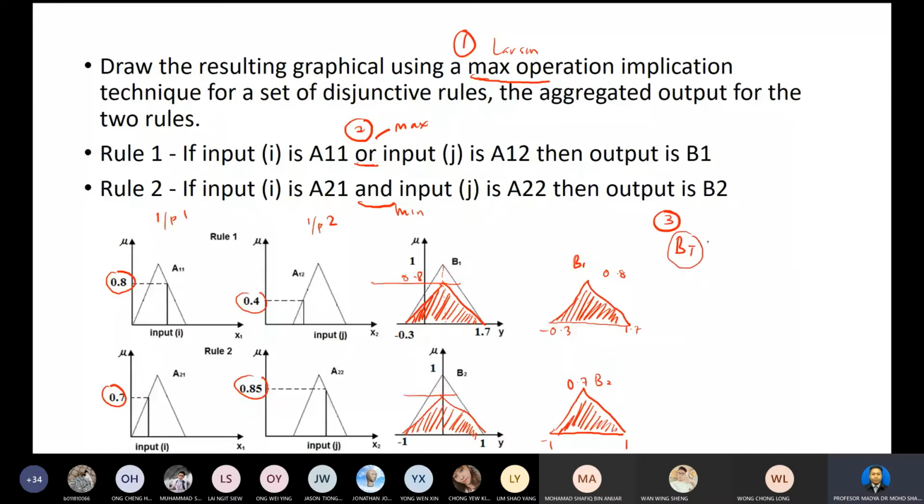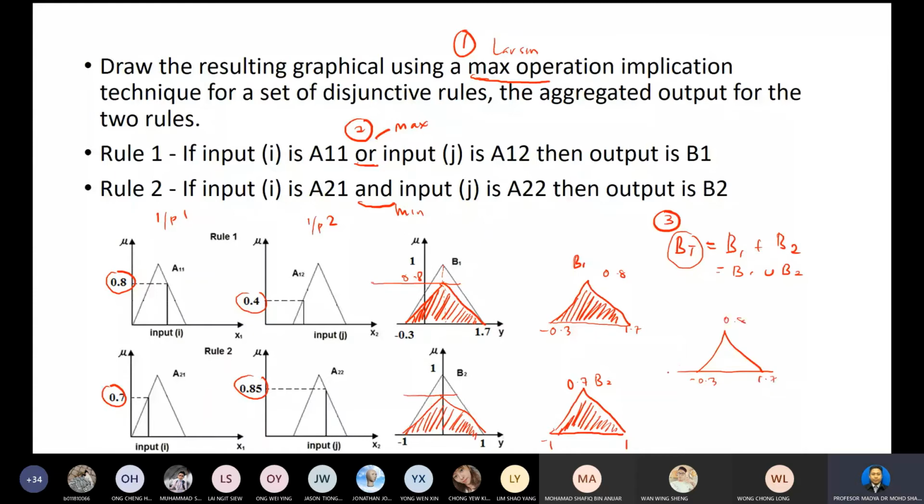You have to get the B total. So the B total is B1 plus B2, or sometimes we can use B1 union with B2. And then you have to add. Maybe draw again. So this one 0.3, 1.7, 0.8.